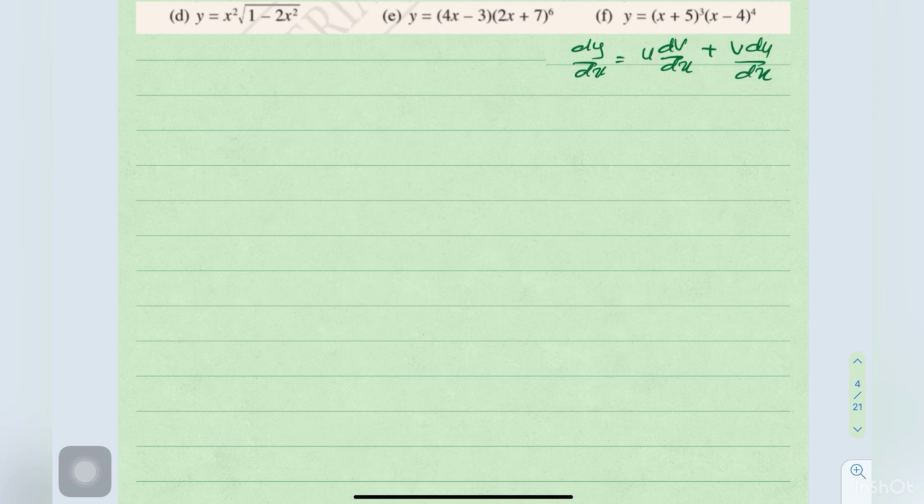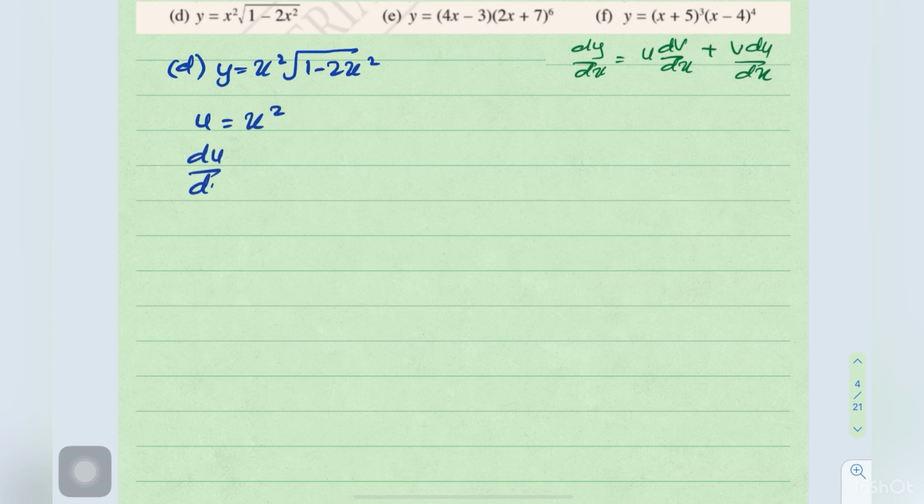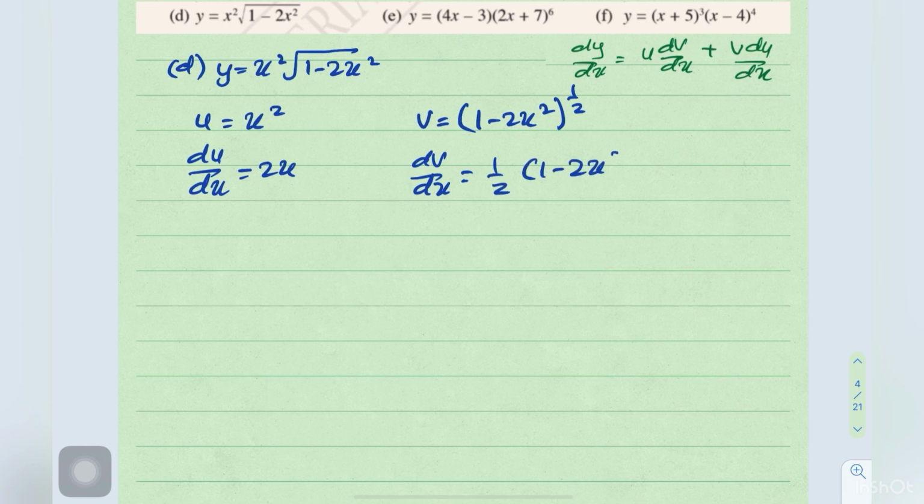Okay, question d. We have y equals x squared times the square root of (1 minus 2x squared). So same, you use the product rule. u equals x squared, du/dx equals 2x. Okay, so v is (1 minus 2x squared), and square root is power of 1 over 2. So we differentiate, we get dv/dx is 1/2 (1 minus 2x squared) to the power of 1/2 minus 1.